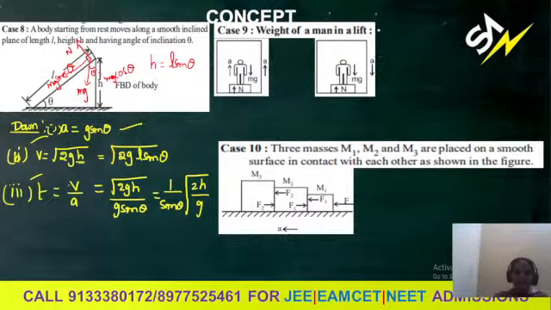Next, ninth situation, weight of a man in a lift. We discussed in important forces of mechanics about the weighing machine, which measures the force exerted by the weight of the person on that machine. So here we are given the weight of a man in the lift. In the first situation, the lift is accelerating up.